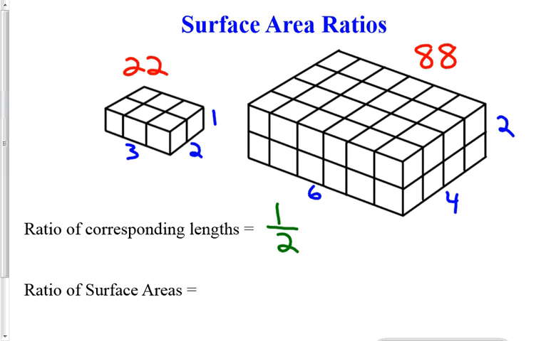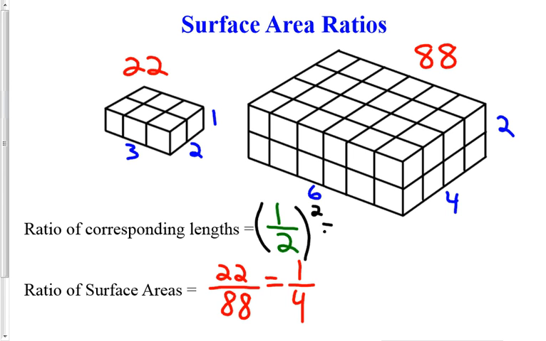So now we can find the ratio of the surface area, smaller to bigger. 22 over 88 reduces to 1/4. Now, does the previous conjecture hold here? Certainly does. If we take 1/2 and we square it, we get 1/4, right? Same as the ratio of our surface areas.